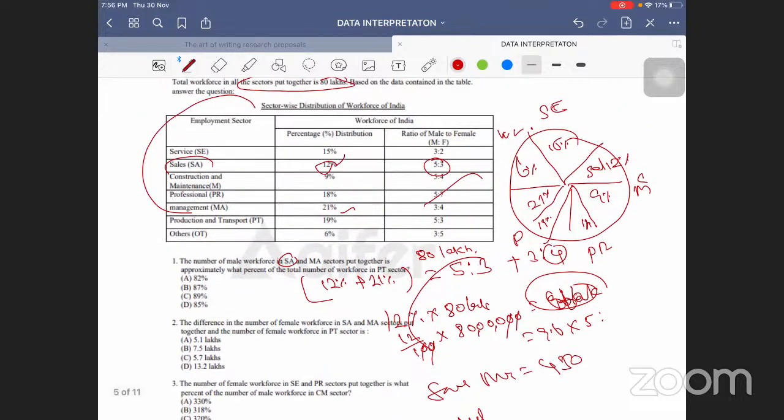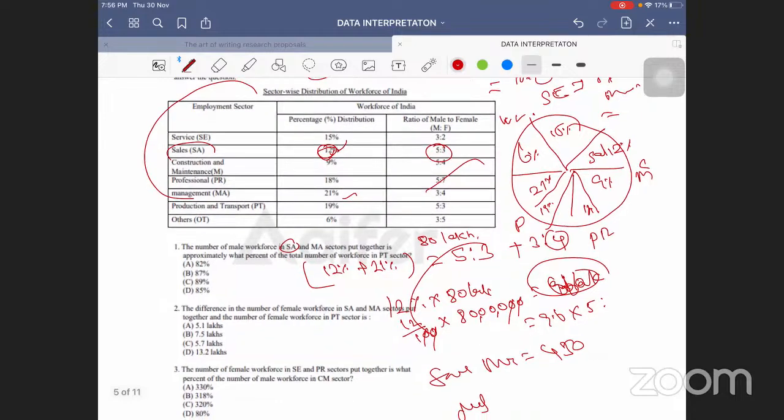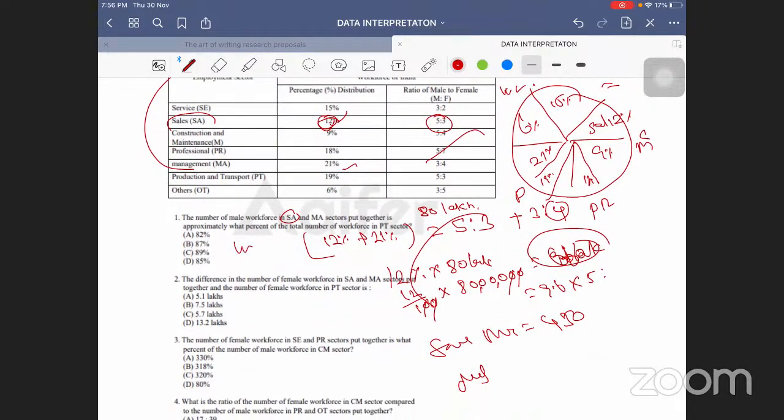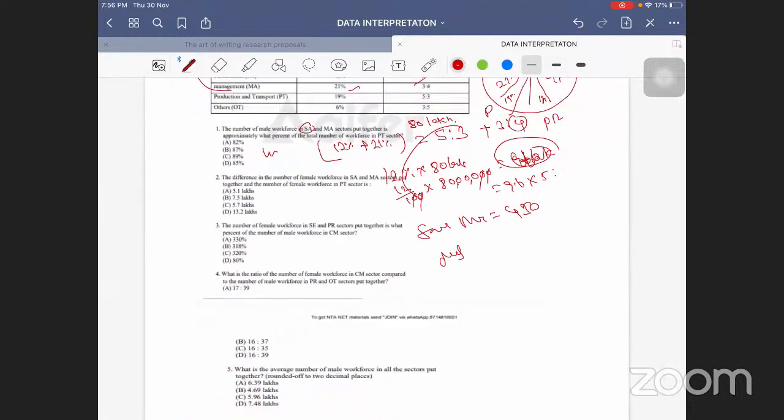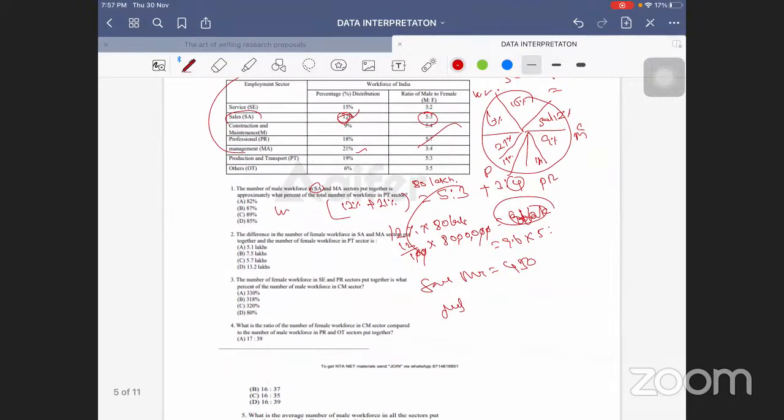In every sector we need the total workforce, and from it they have given the ratio. So we need to find the total male and female workers, and from that only we can work out this sum. Already it's 8 o'clock, so I give this sum as homework. It's easy. If you find the workforce of male and female, you can easily answer all the questions.